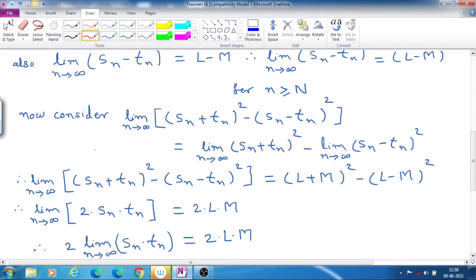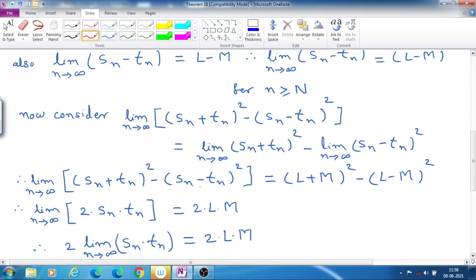Now if we calculate, (Sn plus Tn) square is Sn square plus Tn square plus 2 times Sn into Tn, and (Sn minus Tn) square is Sn square minus 2 times Sn into Tn plus Tn square.